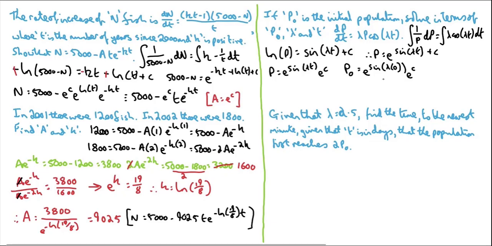E to the power of 0 is 1. So p0 equals 1 times e to the c, therefore e to the c equals p0. Therefore, going back to the previous expression, the general p here equals, and just bring this in front as a coefficient, p0 e to the sin lambda t.